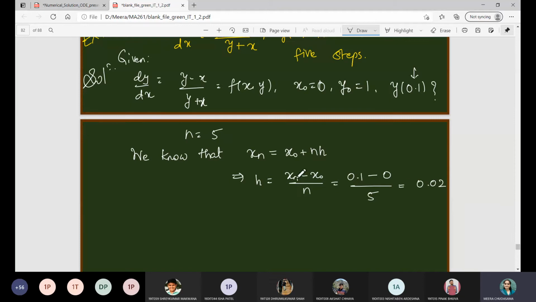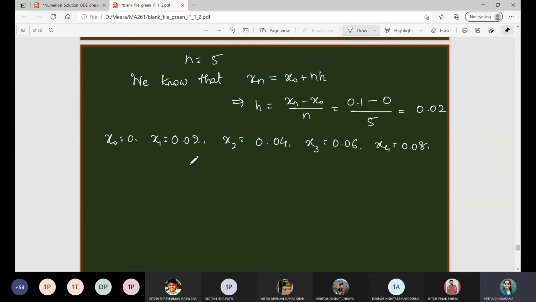So once we get h, we can compute x1, x2 and so on to reach 0.1. So x0 is 0, x1 will be 0 plus 0.02, x2 will be 0.04, x3 will be 0.06, x4 will be 0.08, and x5 will be 0.1, right?